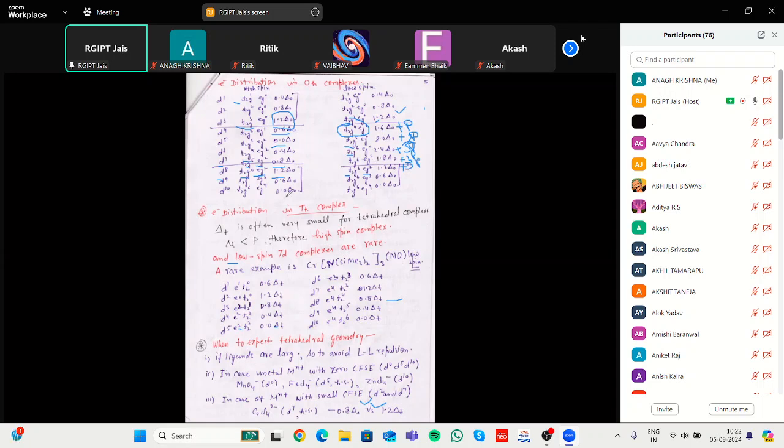In the next case, D9: T2G6 EG3 means 6 into minus 0.4, 3 into 0.6, that is total 0.6 del O. In this case, T2G6 EG3 means 4 pairs of electrons are paired up, 3p.